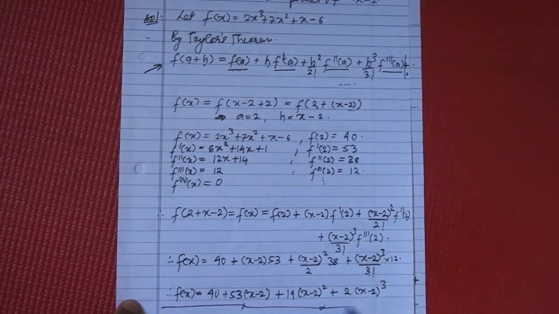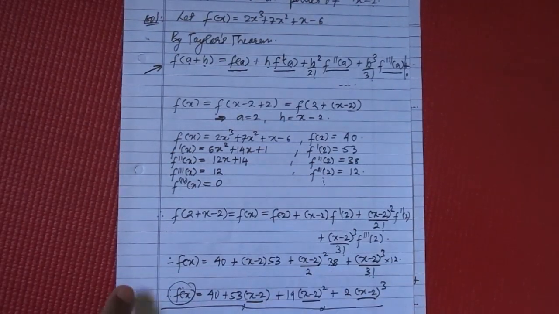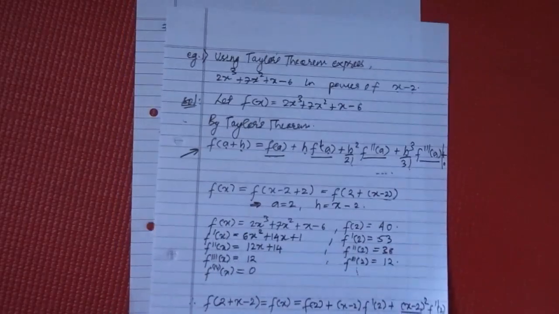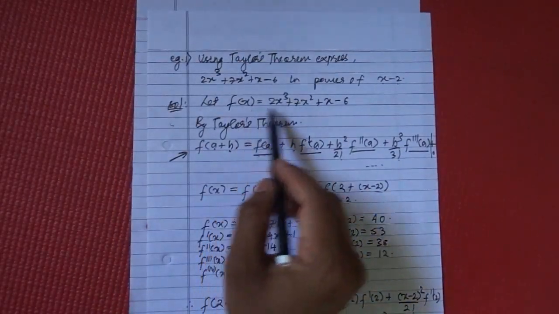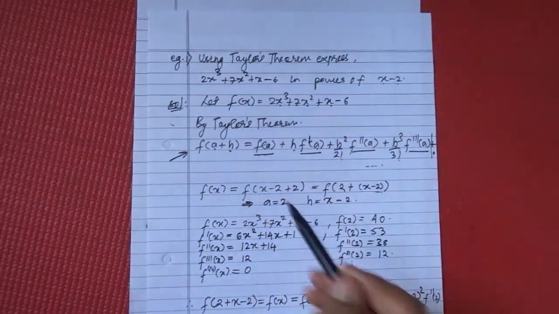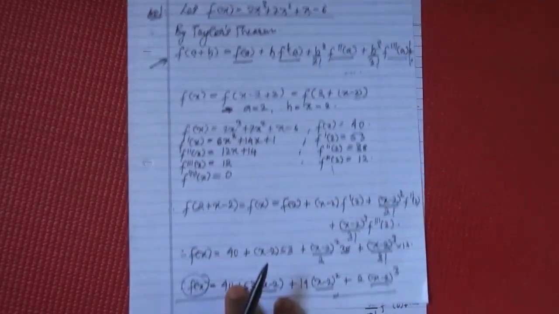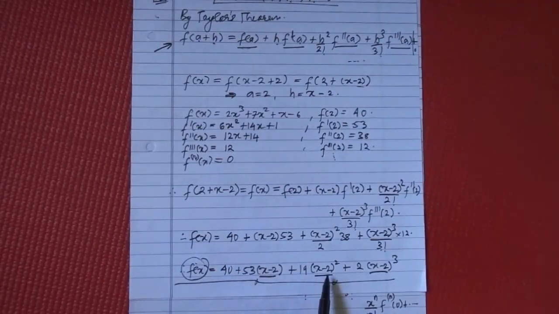So this is the expansion of the function f of x in power of x minus 2. Earlier it was given that this function f of x is in power of x cube, x square and x. Now we have expressed the same function in power of x minus 2.